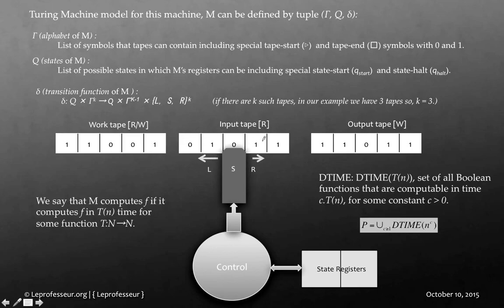Our input tape is infinitely long, our work tape has special symbols which indicate the start of the tape and the end of the tape, and in the same way our output tape also has special symbols along with 101010, which tell us that this is the starting point and this is the end point.